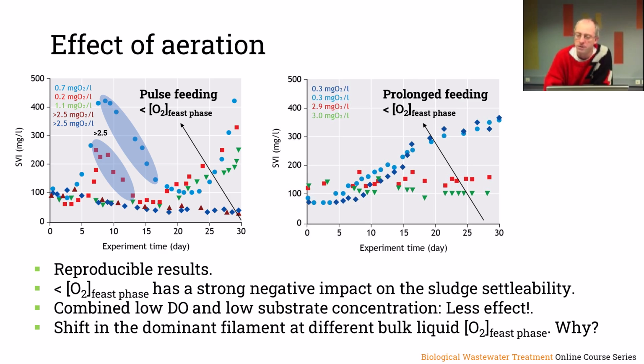If you only look at oxygen, then if you look at the left graph, the yellow line, you see within 5-6 days an increase in sludge volume index due to the low oxygen concentration. In the right graph it takes a month to reach more or less a similar sludge volume index. So the response at the low substrate concentration is much slower.